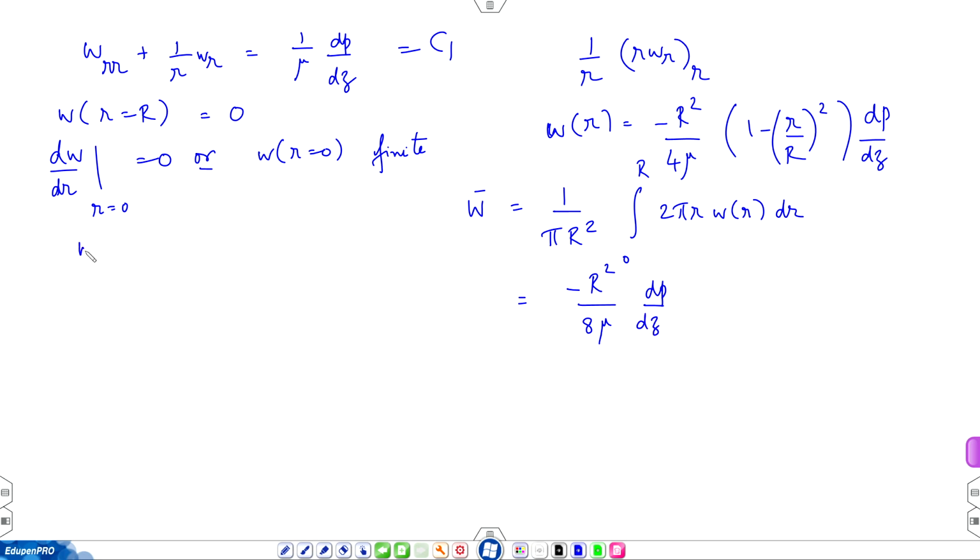So, you get w, the local velocity, divided by w bar is 2 times (1 minus r square over R square). So, the maximum velocity, which is at r equal to 0, is double the average velocity. Okay. So, it is still a parabolic distribution.